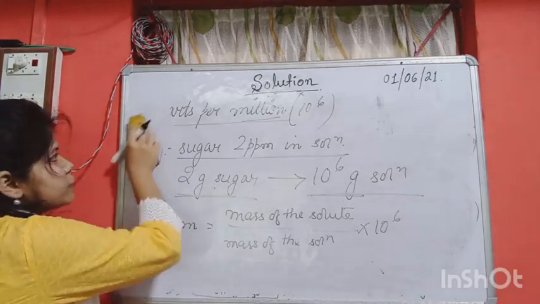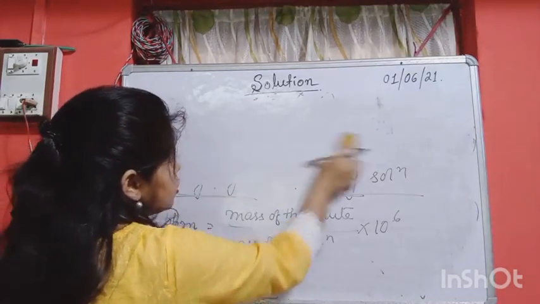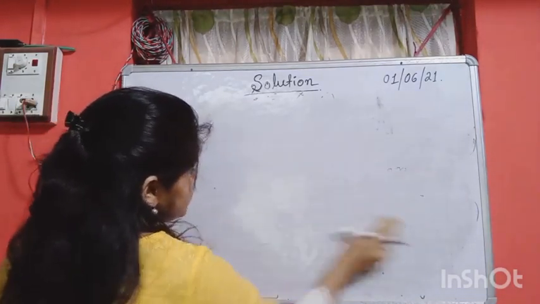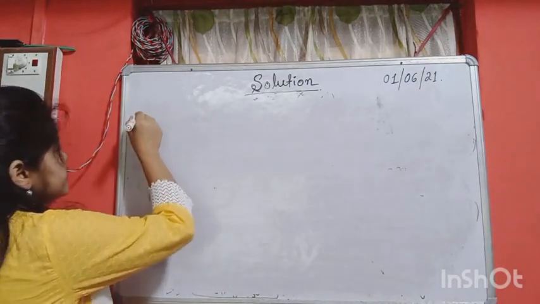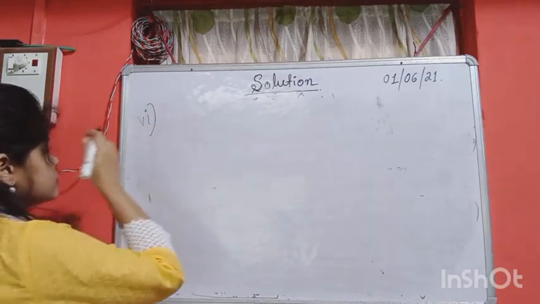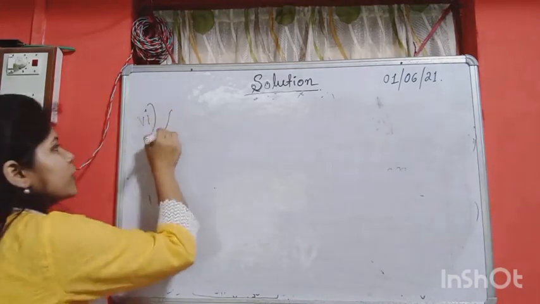Next I will tell you about molarity, which you have already got. That is number 6.